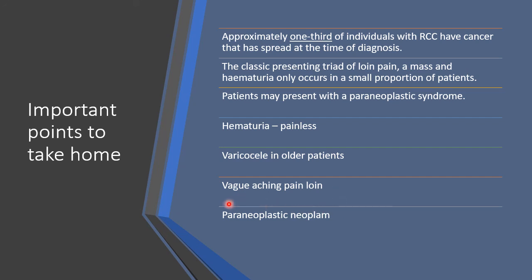Then, once again, I have to emphasize the paraneoplastic syndromes, which can present with endocrine problems, and which must be referred for further investigation if necessary to rule out renal cell carcinoma.